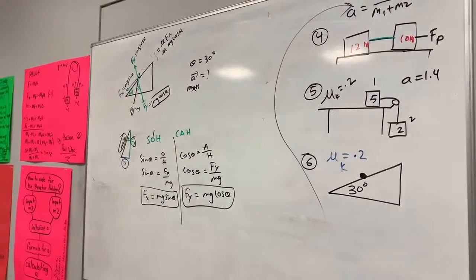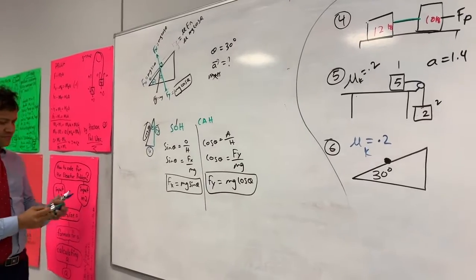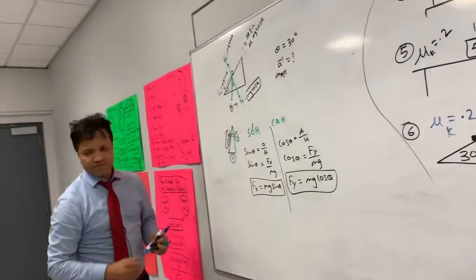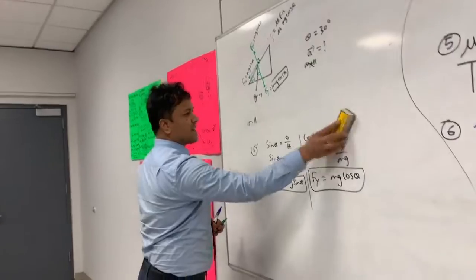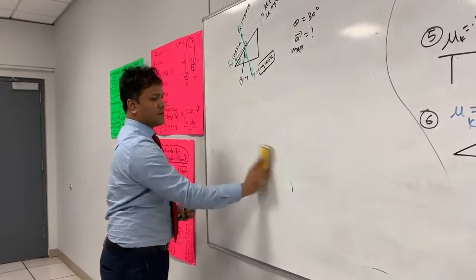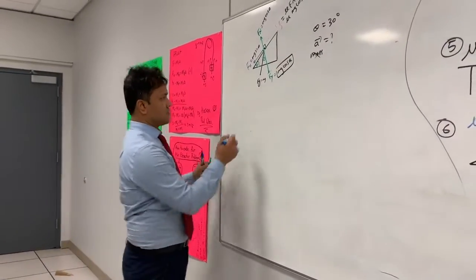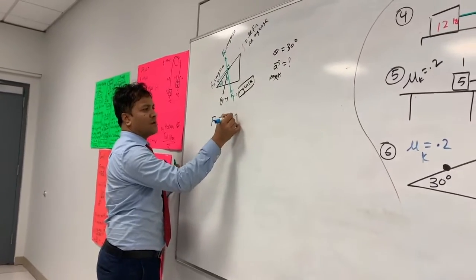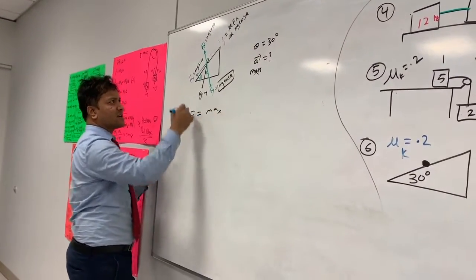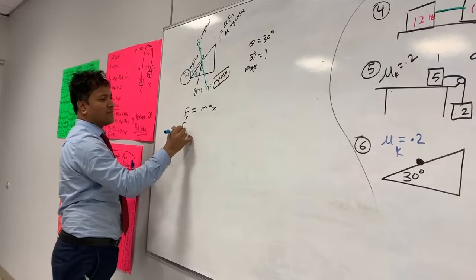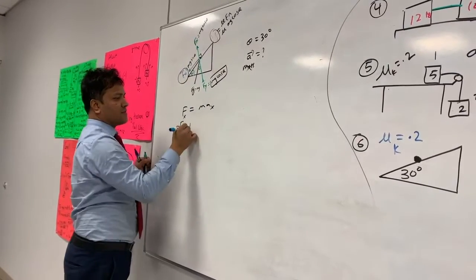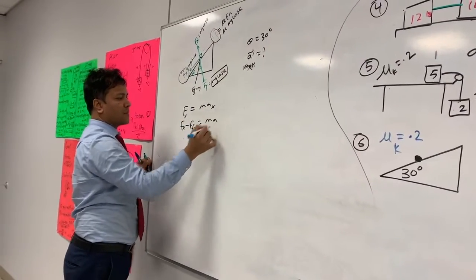Now we are ready to calculate using Newton's second law. Newton's second law says F equals ma, of course. In what direction is the acceleration? The x direction, with two forces. Fx minus Ff is equal to ma.